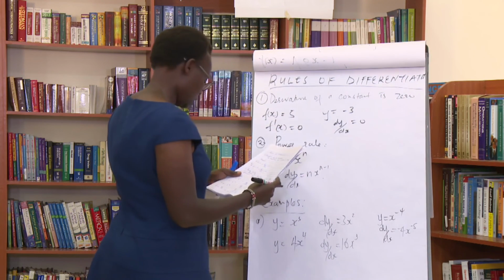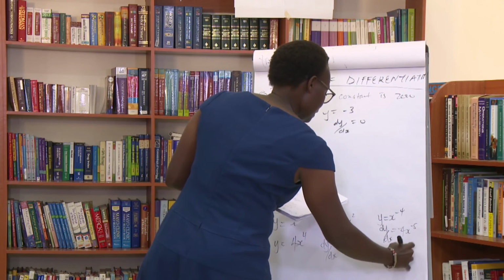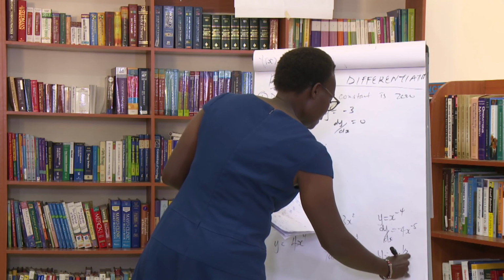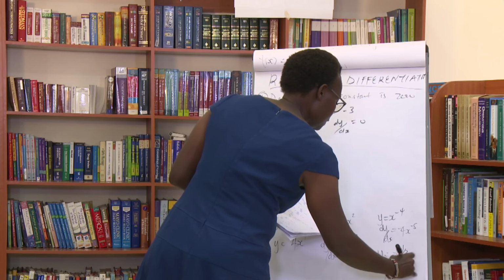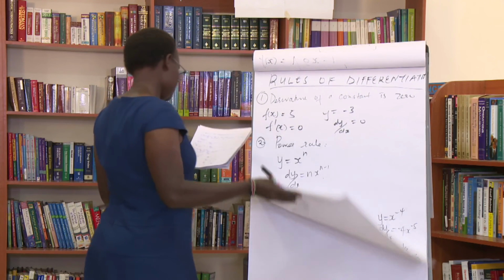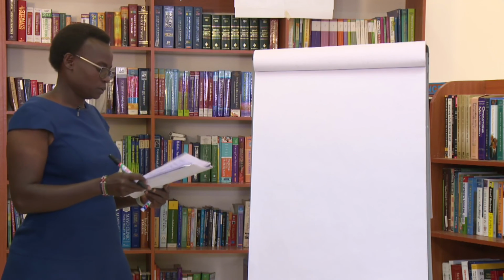And maybe just one more example: y is x raised to power a third. You'll have dy over dx as a third x raised to power negative 2 over 3. So that is the power rule.